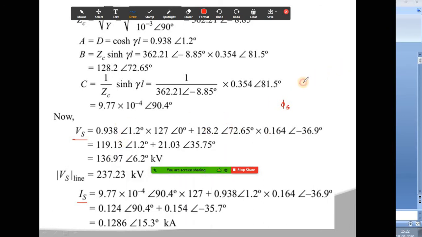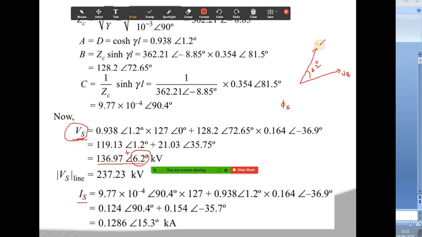Let us draw a simple vector diagram. In this problem, Vr is your reference. The sending end voltage is 136.97 at an angle of plus 6.2 degrees, so it will be leading the reference voltage by an angle of 6.2 degrees.